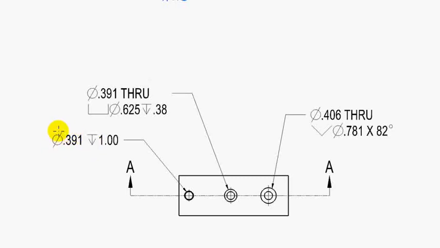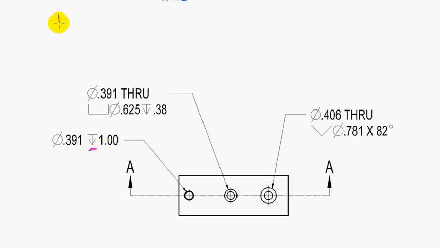And we know that this has a diameter symbol and it says 0.391. So we know that's a 0.391 diameter hole. And for the purposes of this discussion, we're not going to deal with tolerances. We'll just assume there's a block tolerance of plus or minus 10 thousandths. After the 0.391 diameter callout, we see a symbol that we haven't encountered before, and that's right here.